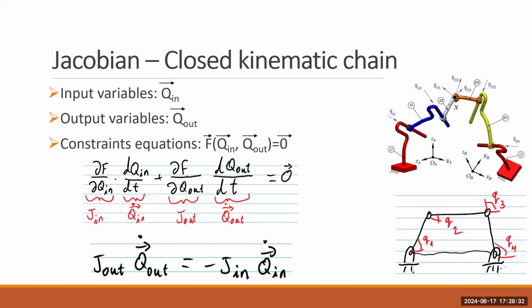J out is the output Jacobian times the output variables velocity. And this is simply the derivative of the constraint equation. Therefore, when we took the derivative of the left part, we took the derivative of the right part, which is 0. And we can get the relation J out Q out dot equals minus J in Q in dot.